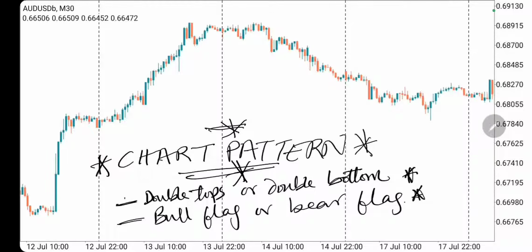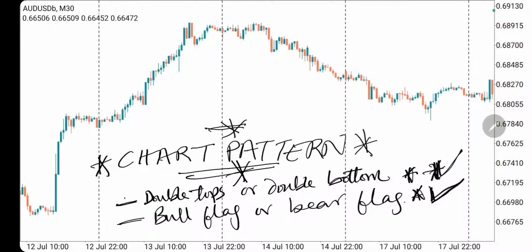From my experience, these two patterns are what you're going to use to trade the previous day's high and low strategy. In my previous video, I mostly focused on double tops and bottoms while trading the previous day, but this is an updated video, and I want to let you know that you can as well have a bull flag, a flag pattern into a new day with reference to the previous day, that you can trade in the current day.